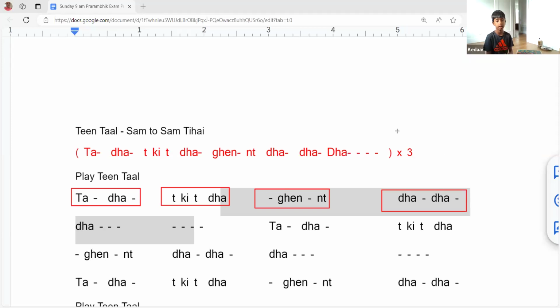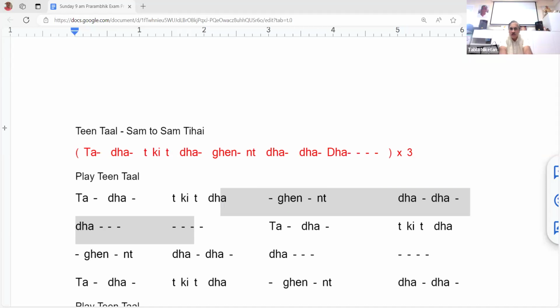Dha ta ki ta dha ge ta. You cannot clap anywhere you feel comfortable, guys. Where your claps are: first clap ta, second clap ta, third clap has to be here, fourth clap. The first syllable of every group will have your clap, not anywhere you feel comfortable. Ta, a, dha, ta, ki, ta, dha, a, ge, in, ta, dha, a, dha.